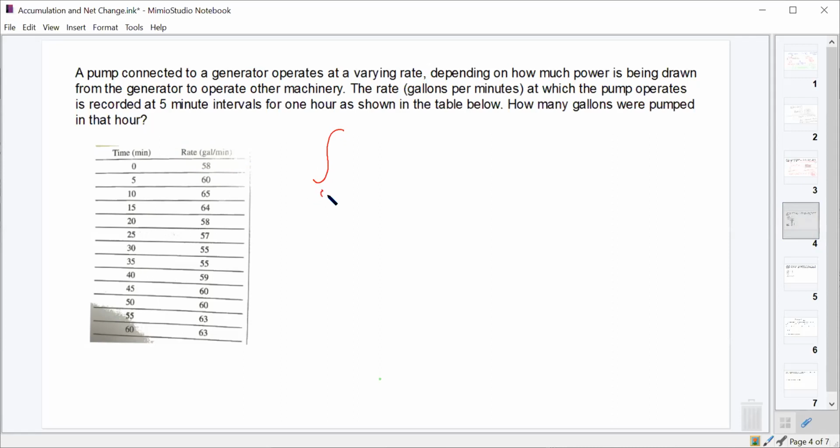Would it be 0 to 60? 0 to 60, our function, which we don't have a function, r of t, dt. And so we have to come up with, since there's no actual function, no explicit function for this, we have to use some method to approximate this integral. Anybody have a preference on that? Okay, I do. The trapezoidal rule.